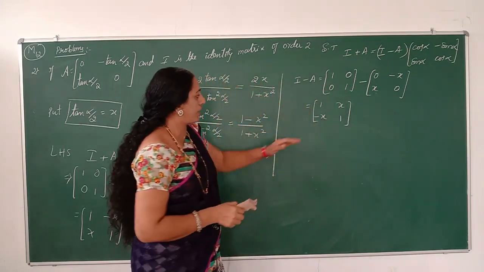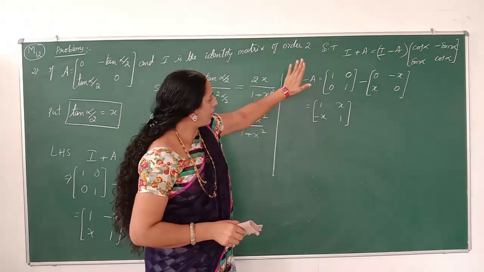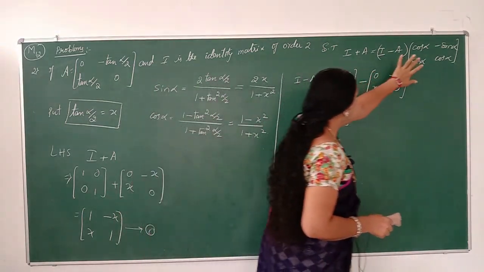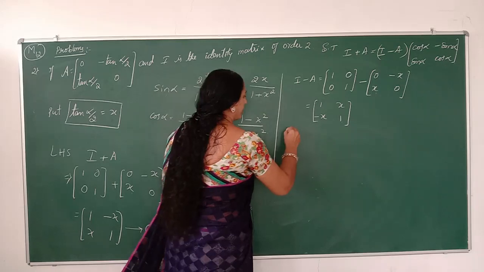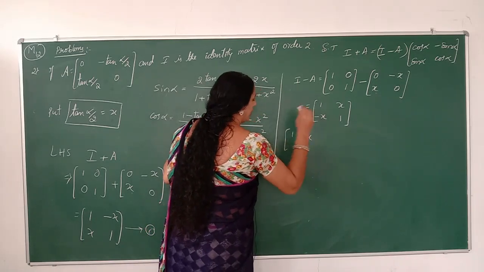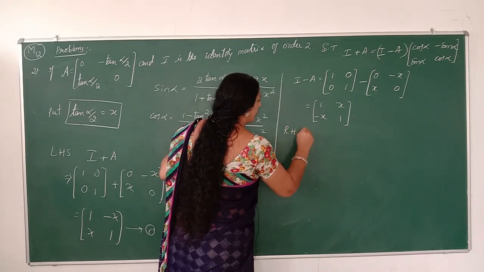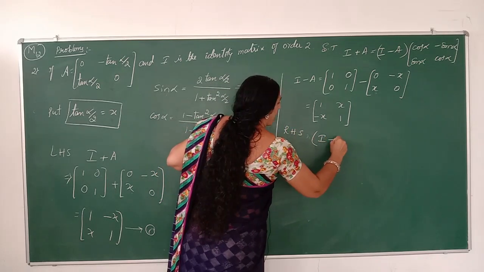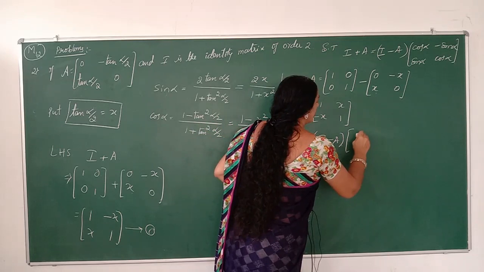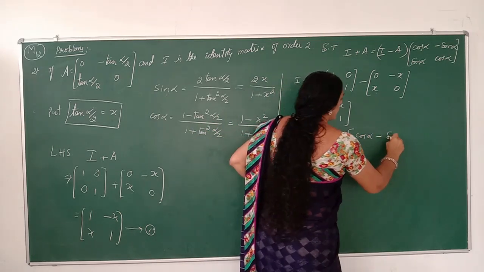That is the solution of I minus A. After that, I minus A is multiplied by another matrix: the RHS is I minus A into cos alpha minus sin alpha.